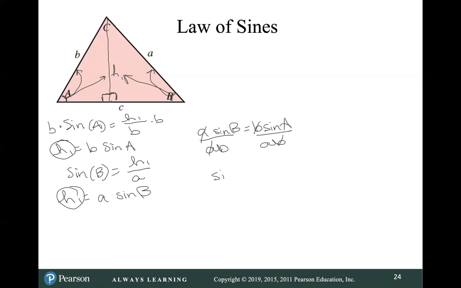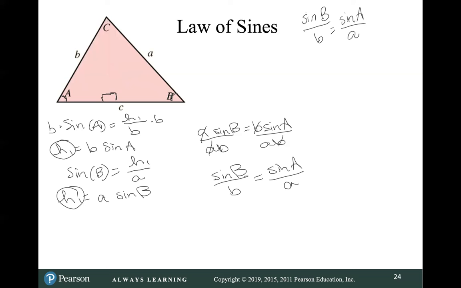We get sine of angle B divided by side length B equals sine of angle A divided by side length A. Okay, I'm going to write that up here: sine of B over B equals sine of A over A. The reason I'm doing that is because I'm going to reuse this triangle with a different altitude now to find our last part of the law of sines.